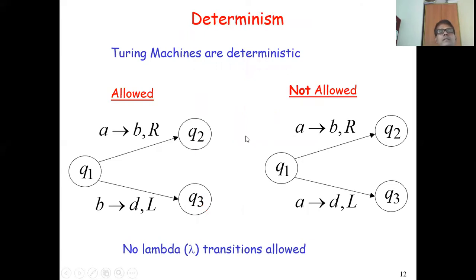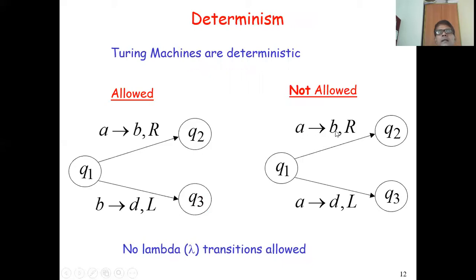Turing machines are deterministic because there should not be two transitions for the same input. In both of these cases, we are reading A and replacing A by B and moving right, and here reading B, replacing B by D and moving left. But here are non-deterministic moves.